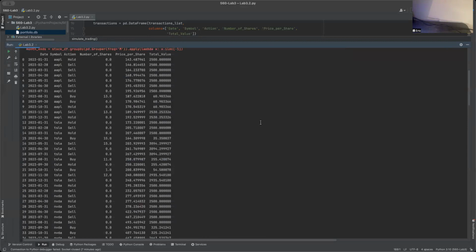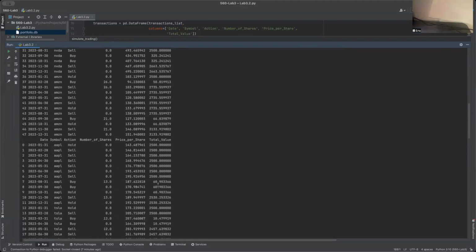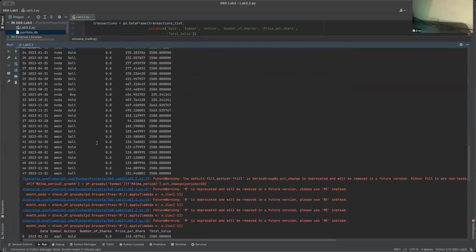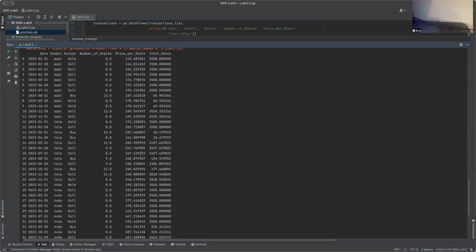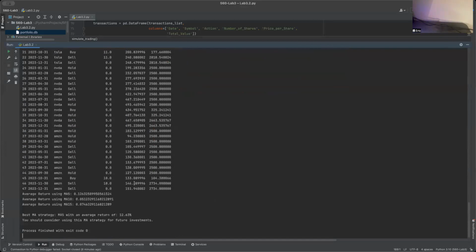So this transaction table is for moving average 5 days. This one is for 10. And this transaction table is for moving average 15.